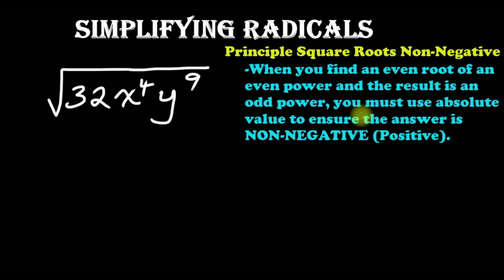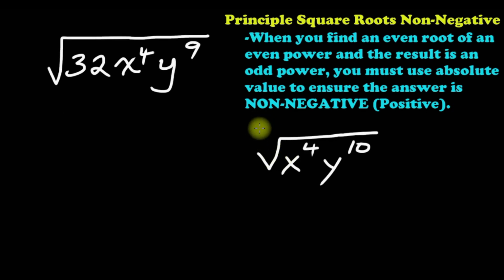So for example, let's say you take the square root of x to the 4, and then y to the 10, just for an example. This is an even root because the index number for a square root is a 2, so it's an even root.